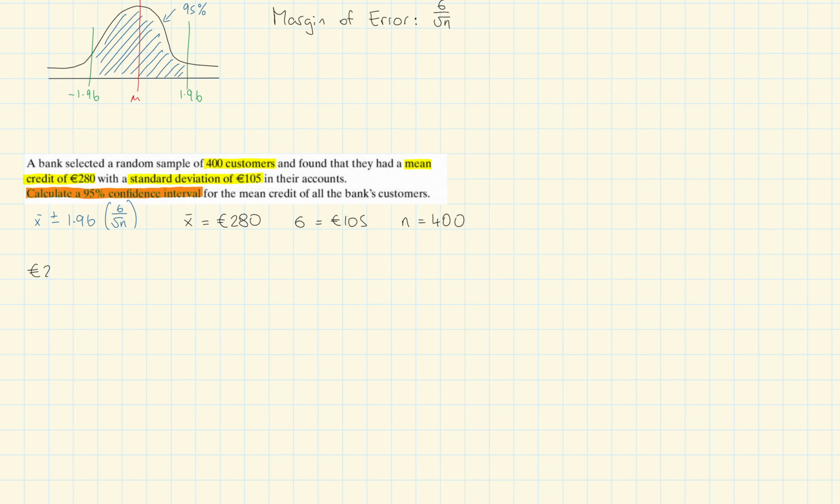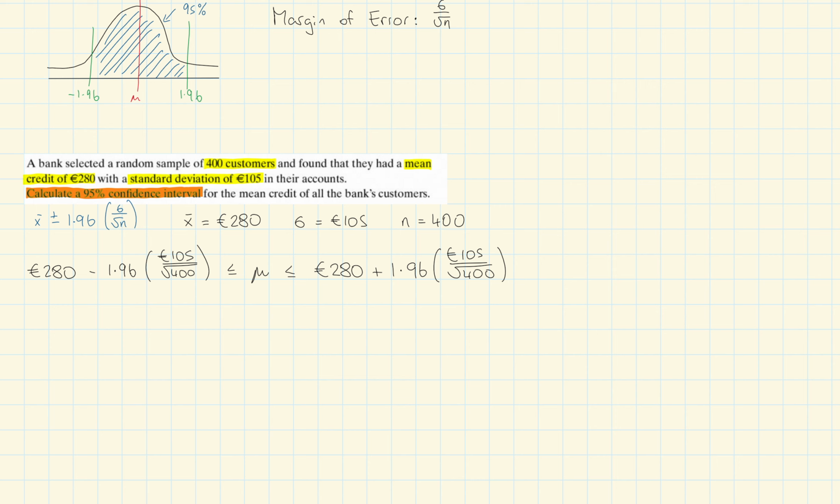So we get 280 minus 1.96 times 105 over root 400 will be less than or equal to the mean. And we get 280, same thing, just the sign changes, plus 1.96 times 105 over root 400. Okay, so you're going to go into your calculator.